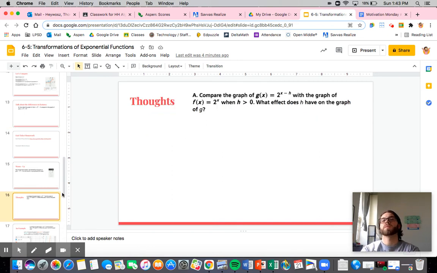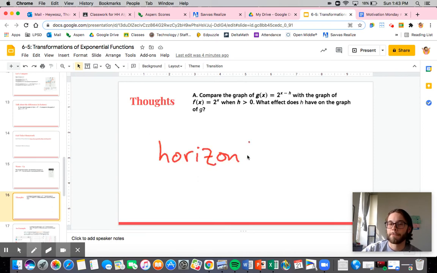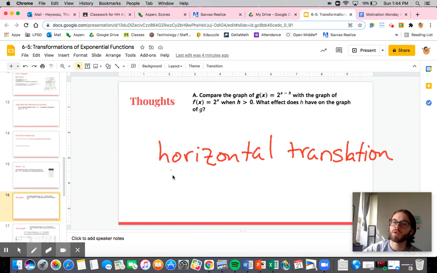So let's take a look now at what happens when you put that h involved. As you could probably guess, when you have an h there, this is going to be a horizontal translation. So be careful: when I have x minus 1, that means I go to the right 1.